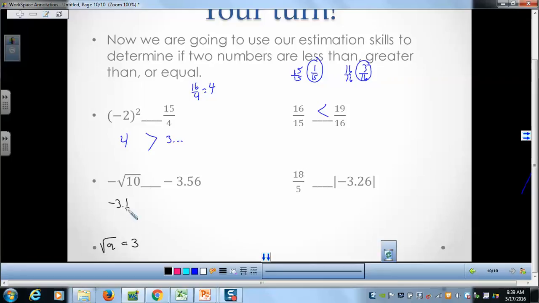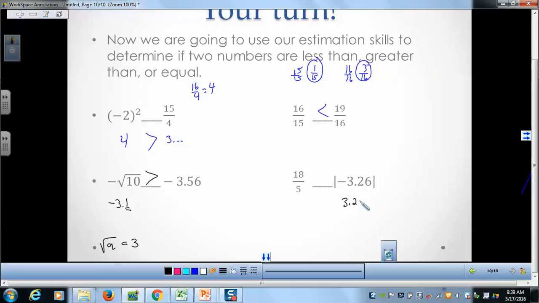But that's enough to let me know that this number is a smaller negative number, which means it's actually the greater number. Because remember, the larger the negative number is, the smaller it is.